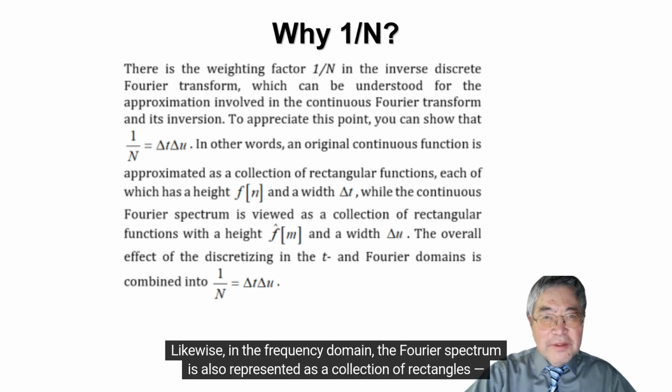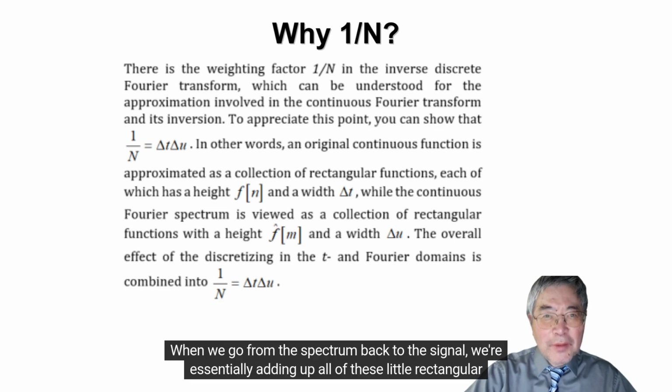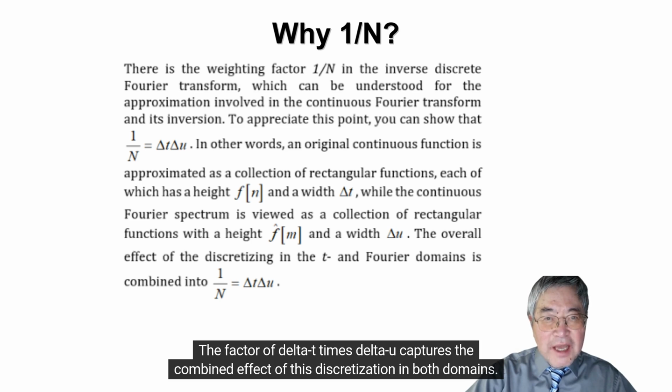Likewise, in the frequency domain, the Fourier spectrum is also represented as a collection of rectangles. Each one has a height equal to f hat of m and a width of delta u. When we go from the spectrum back to the signal, we're essentially adding up all of these little rectangular pieces. The factor of delta t times delta u captures the combined effect of this discretization in both domains.